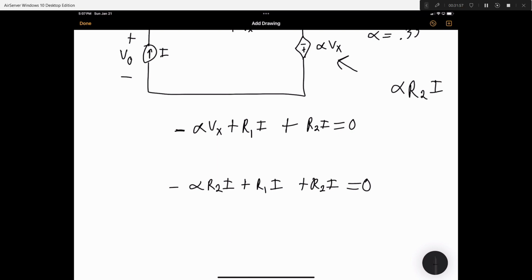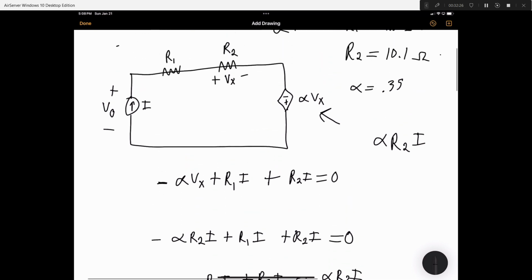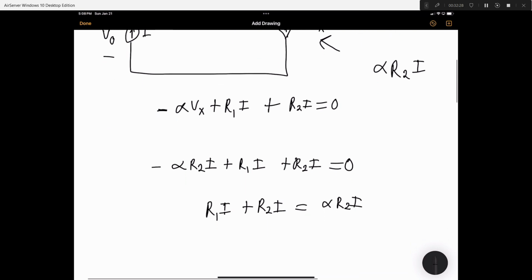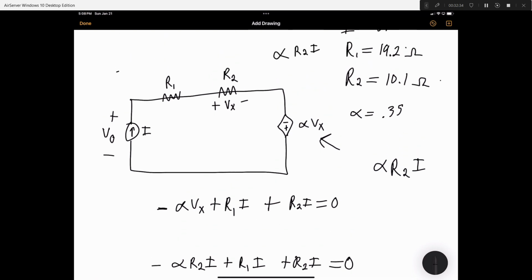So R1 I plus R2 I is equal to alpha R2 I. Well, we know the current in R1, which is R1, 19.2 times 3.